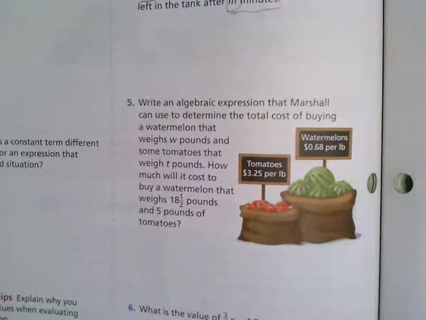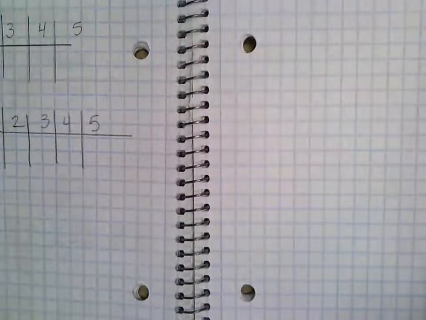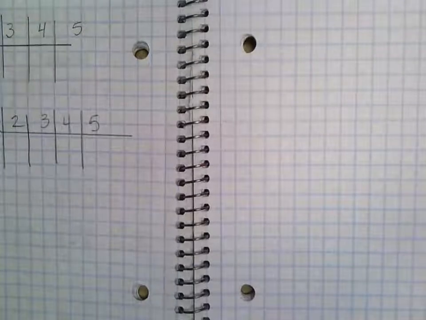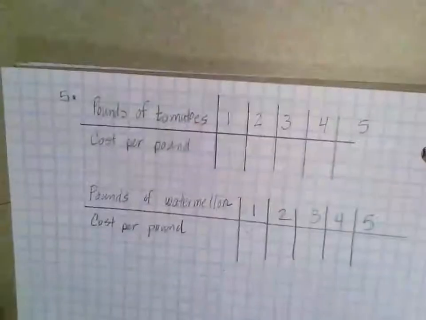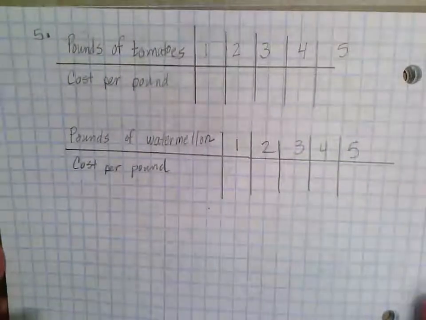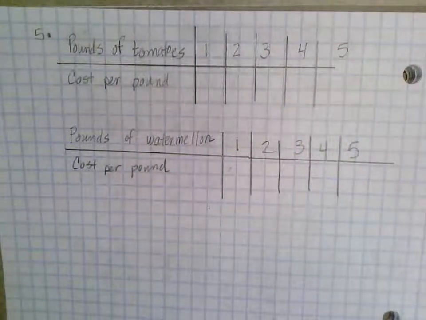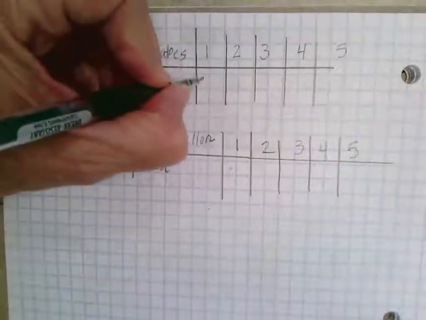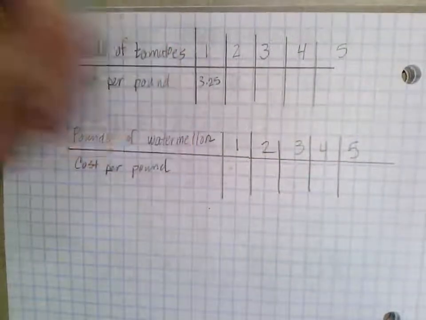Well, we're just going to look at our proportion table to see how this continues to help us find a constant of proportionality. It's telling us that the tomatoes are $3.25 a pound.